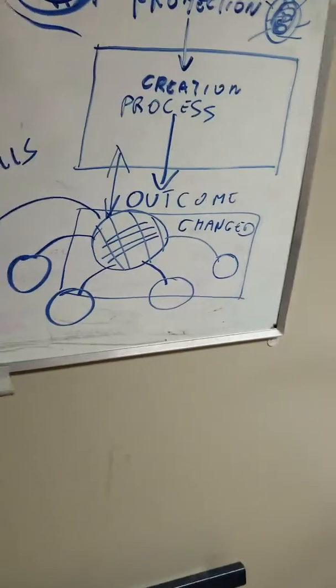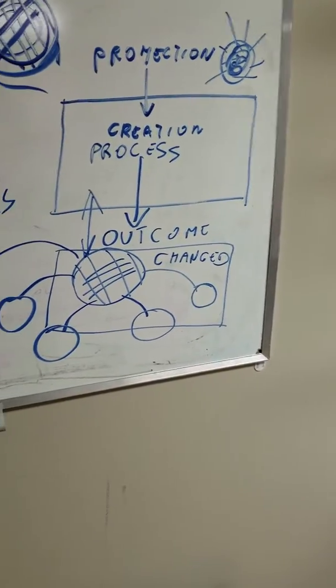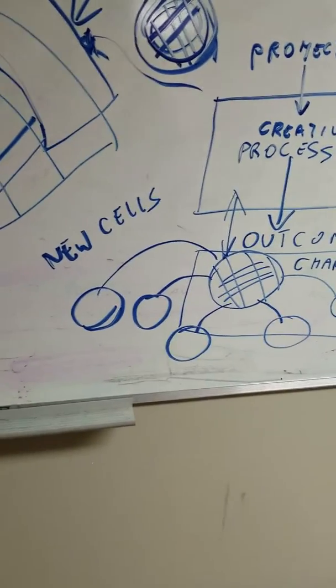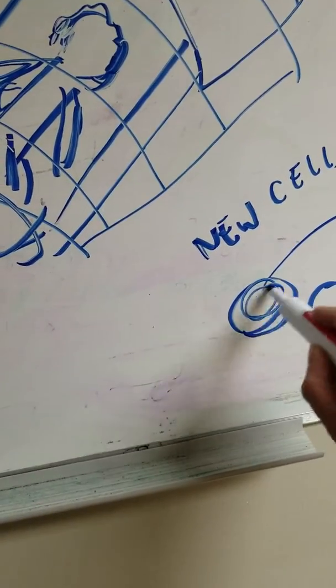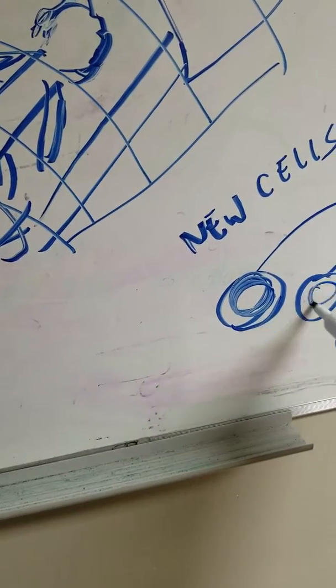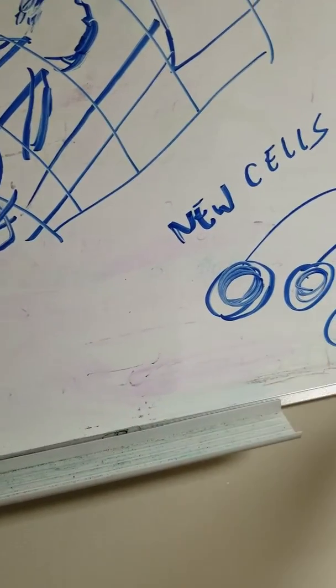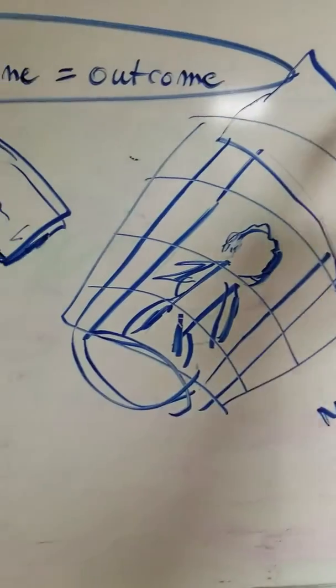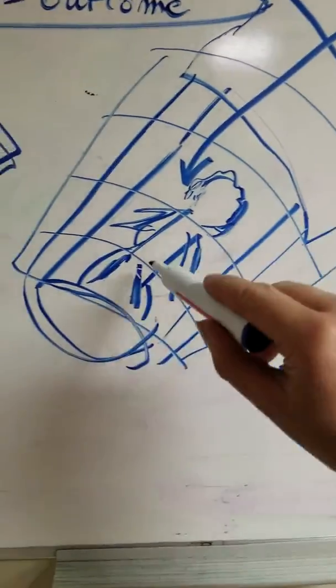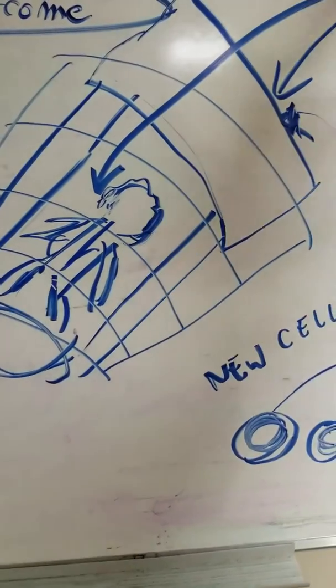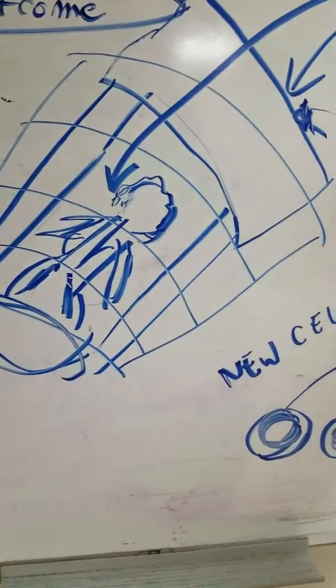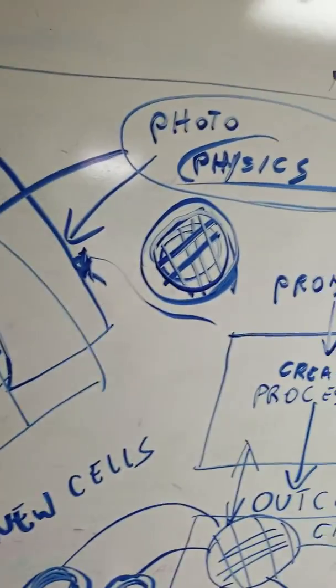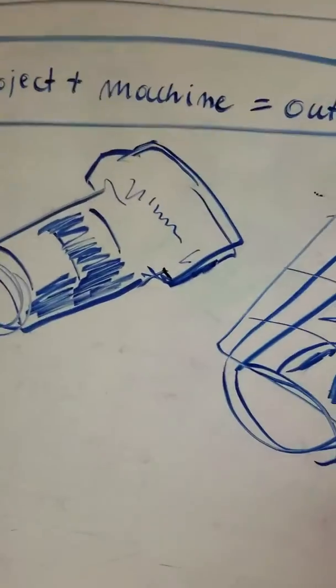Why is it? Because this projection has something to do with internally changing the cell. It almost gets to the point where this man is in the machine, which makes a change to him through some photophysics, like light maybe, or an impact.